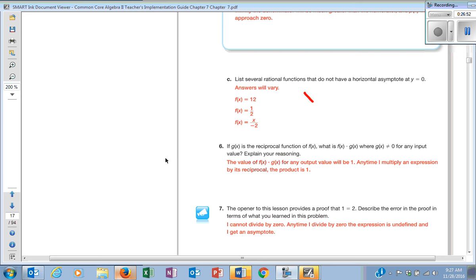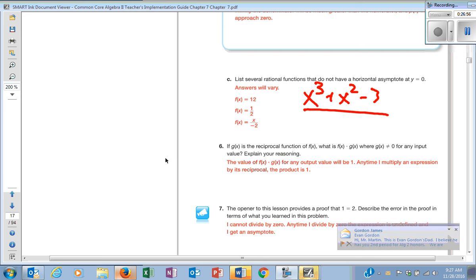So you could have put x cubed plus x squared minus 3 over x squared. This is the third power, this is the second power, and your top is bigger than your bottom, so it will have no horizontal asymptote, which is what they're looking for.